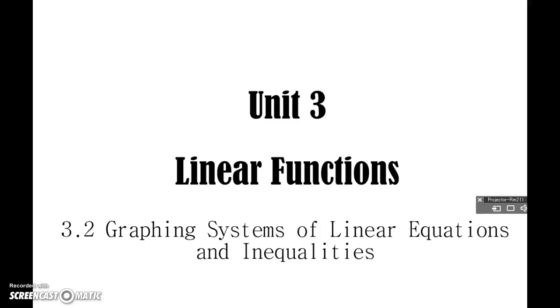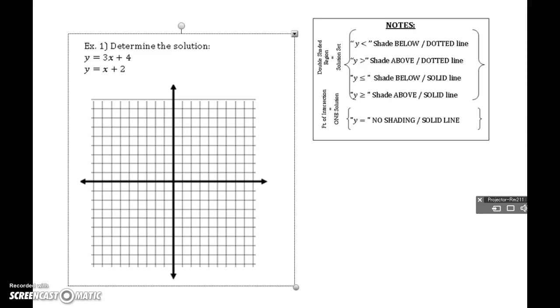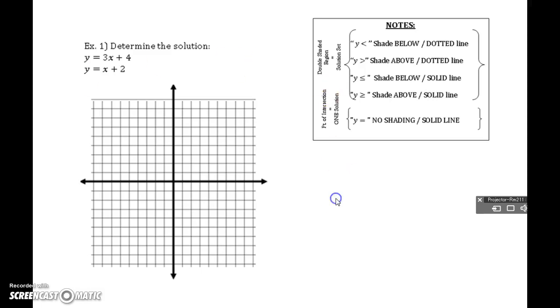Go ahead and turn to page 3 in your packet, and your first example should look like this. Determine the solution for y equals 3x plus 4 and y equals x plus 2. I notice that these are both equations and not inequalities.